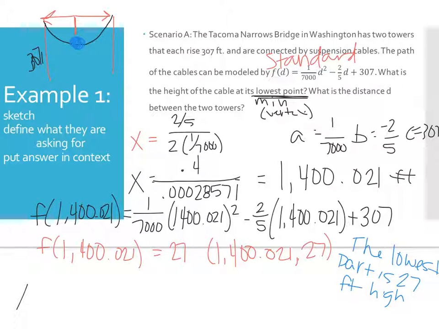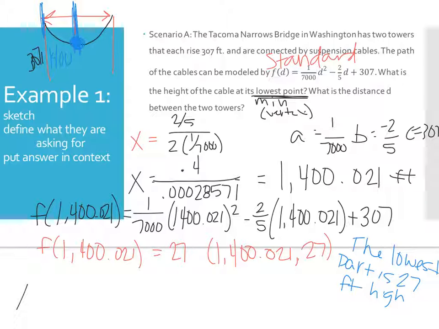Okay, our vertex also gave us some other really big information. Since the x value is 1,400, that tells me that from this cable here to the midway point, that's 1,400. So to see how far the other cable is, well, that's just going to double.